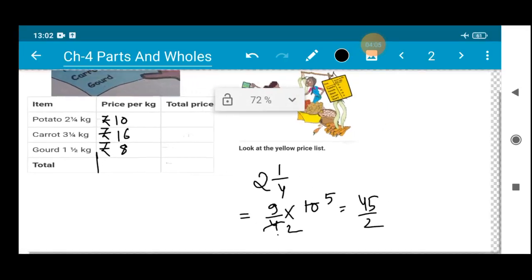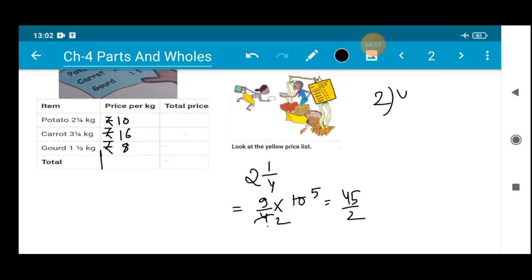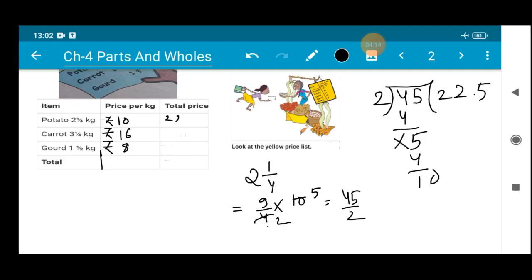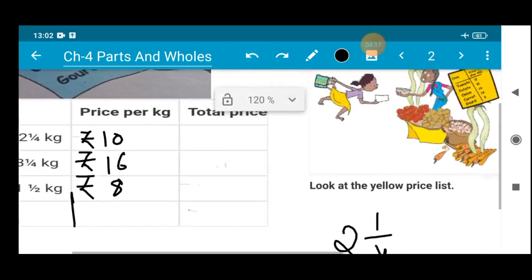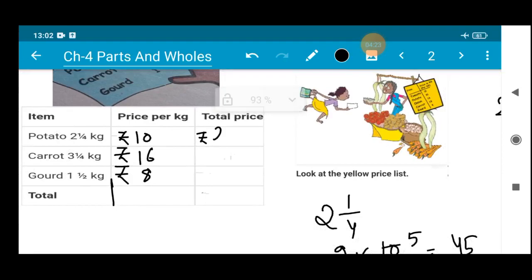So we are getting this in fractional form, so let us convert this into decimal form. 2 4s are 8, 1.0, 2 5s are 10. So it is rupees 22.5 she has to pay altogether for 2 whole 1 by 4 kg. So cost of 1 kg potato was rupees 10.